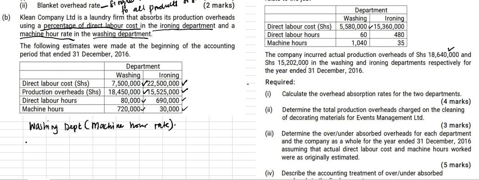So the overhead absorption rate in the washing department, of course, will equal the budgeted or estimated production overheads in that department over, divided by the estimated machine hours.